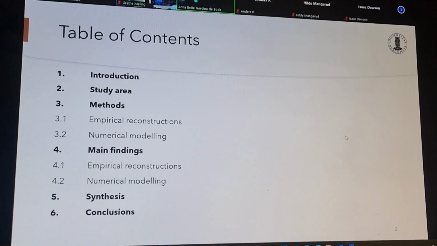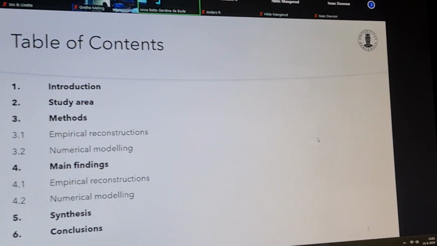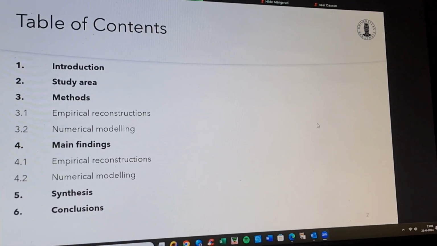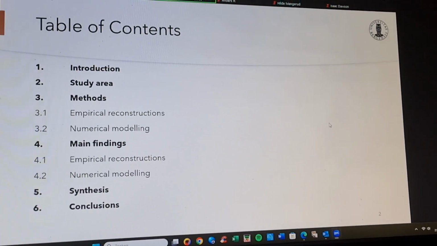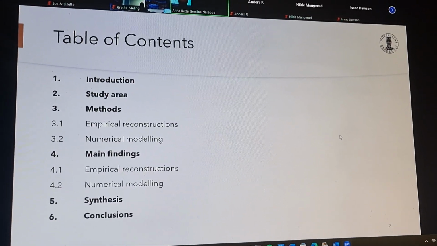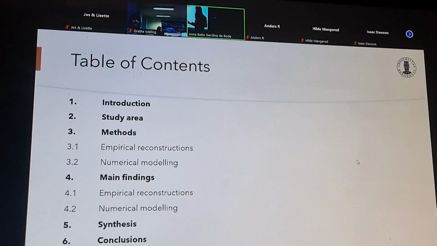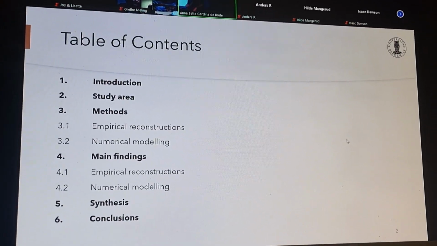I will first introduce the topic of the project, then discuss a little bit about where we are in the world, and then I will go through methods and main findings from two different perspectives, and then the synthesis chapter 5 aims to bring these together, and then I will draw some conclusions upon them.